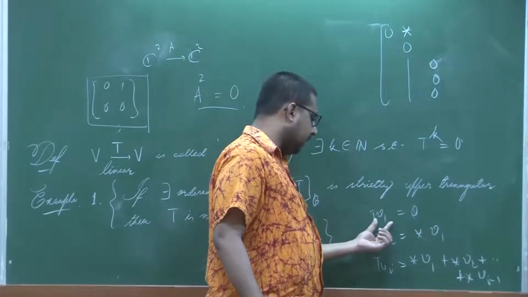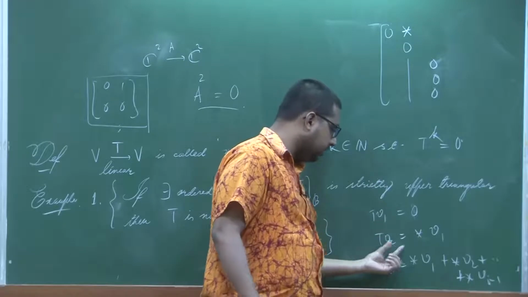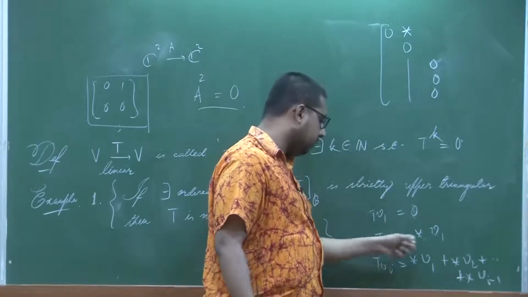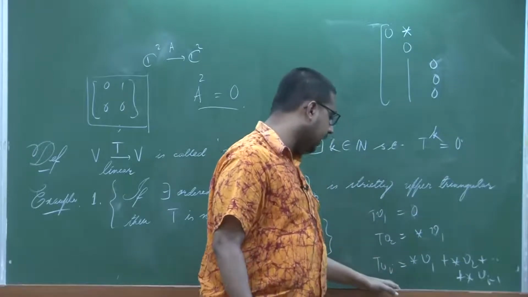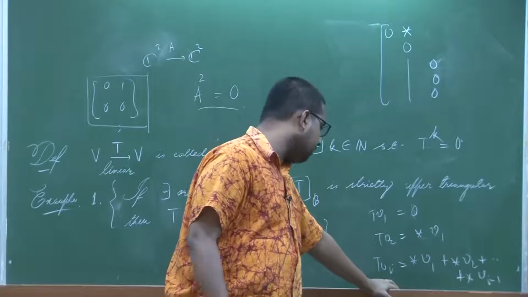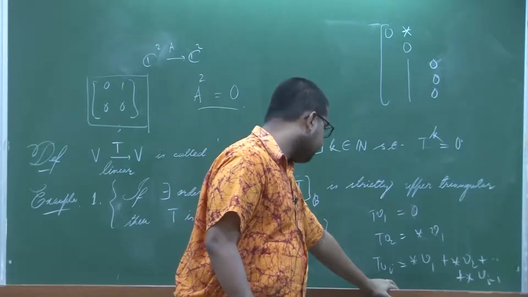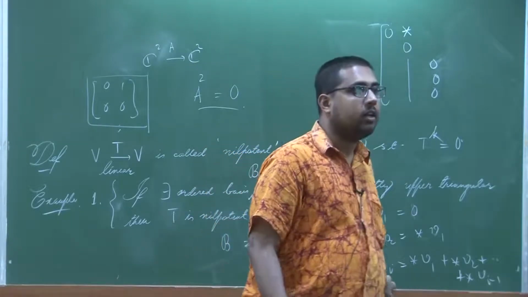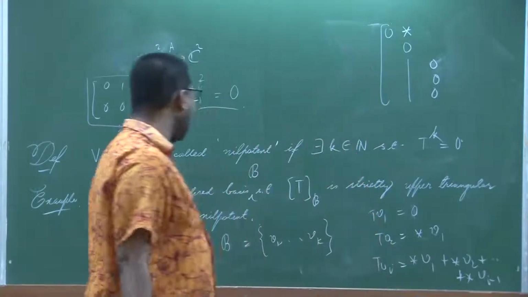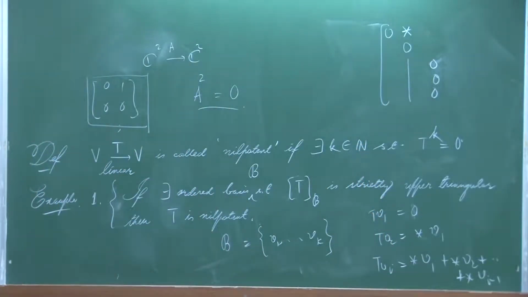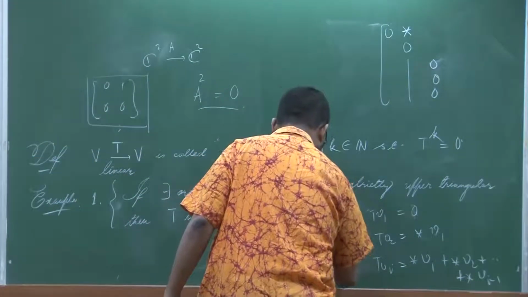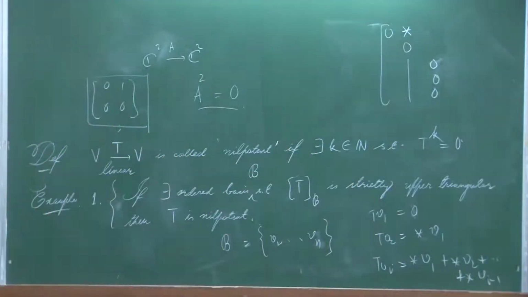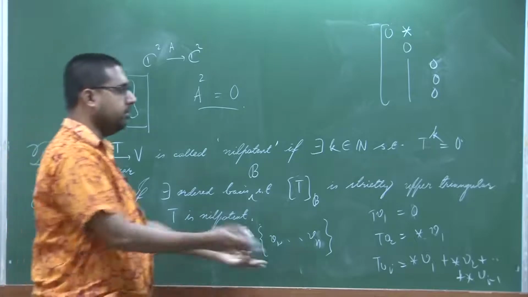So, this vector vanishes when you apply T once, and this vector vanishes if you apply T twice, because T squared v2 will be Tv1 times some scalar, which is 0. So, in general the vector vi gets annihilated once you apply T i times. Therefore, if vn is the last basis vector, n being the dimension, then T to the power n kills all the basis vectors, hence T to the power n, that operator, will be 0.